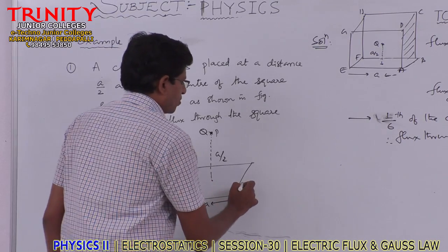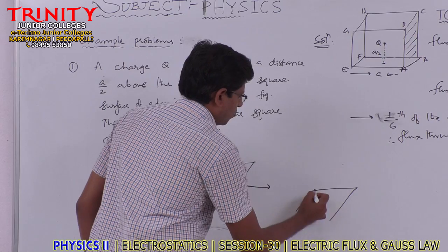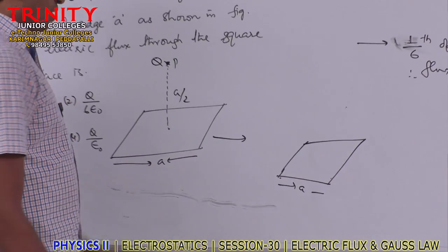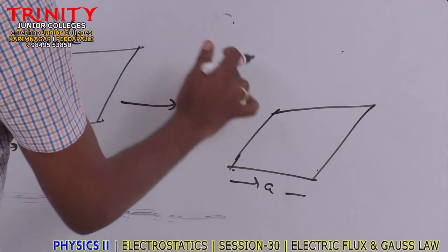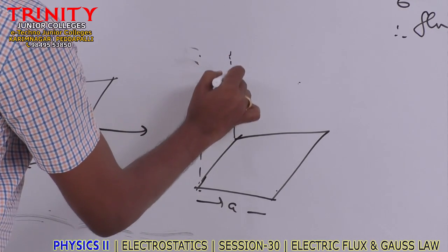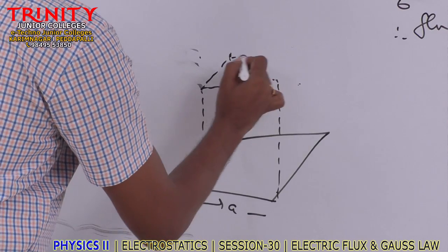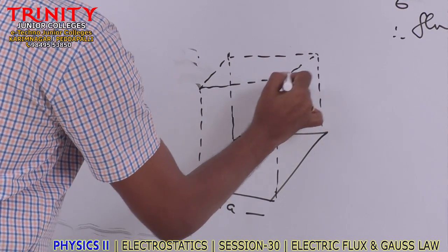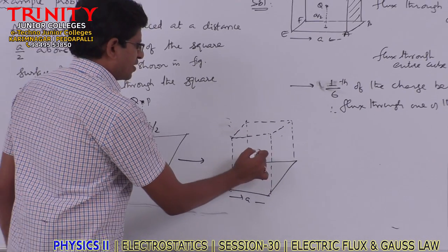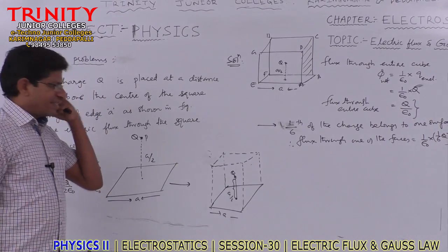Now let me come to this question. Let me redraw the diagram here. This is 1 square, edge is something A. But what you can do is, you can construct a cube around this. See, now the picture is similar. Where is the point? It is exactly at A by 2, means at the center of the cube.